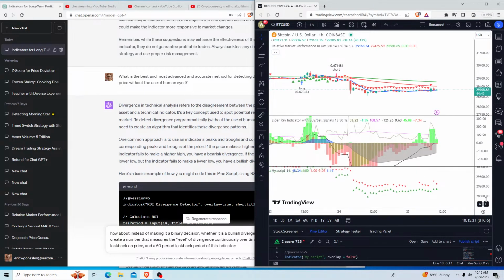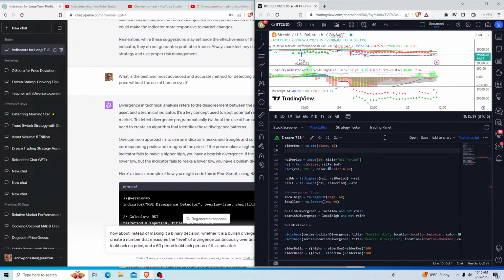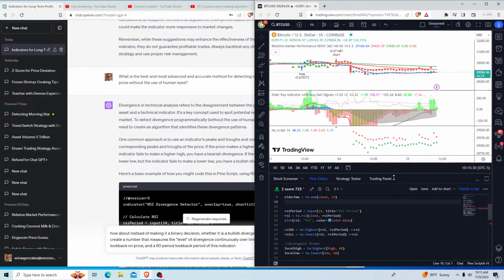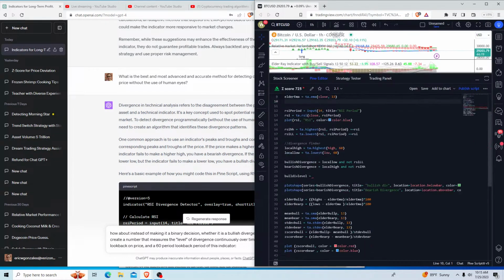So right here I've plotted the bull and bear divergences, and I think what I can do based off of these is create a number that calculates the difference between the red and green triangles.